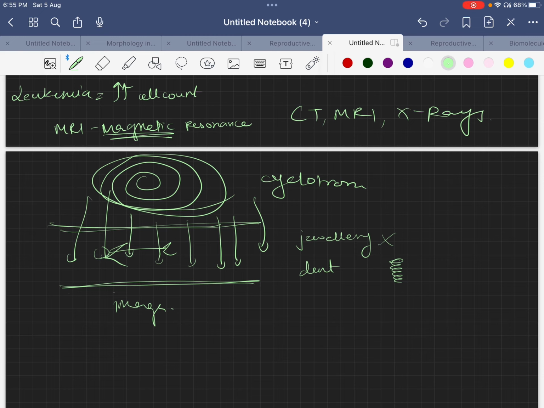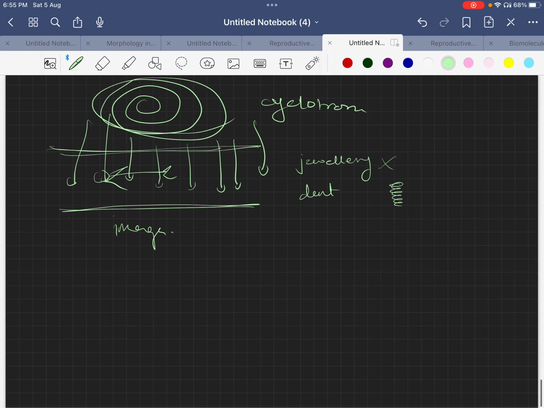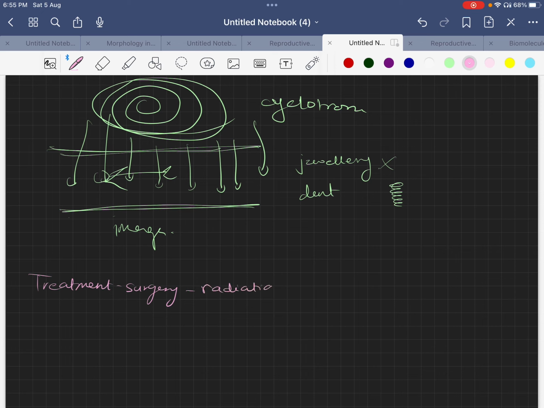Okay, treatment of cancer. Common approaches are obviously surgery, radiation therapy, and immunotherapy.